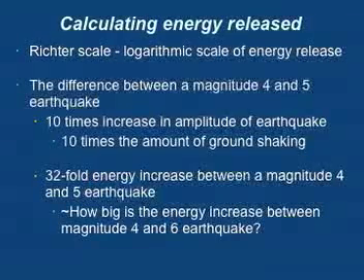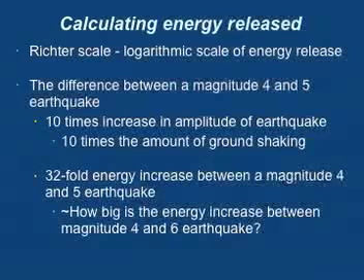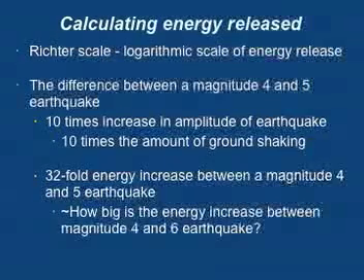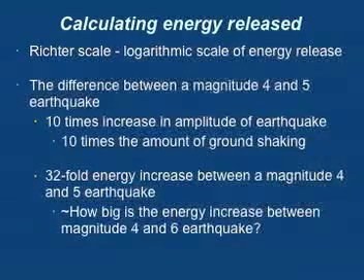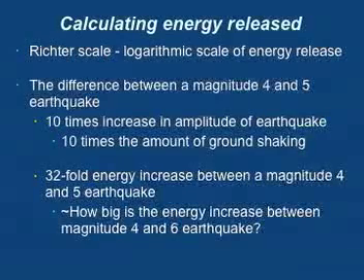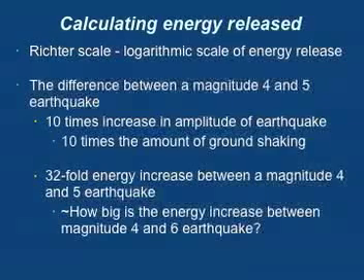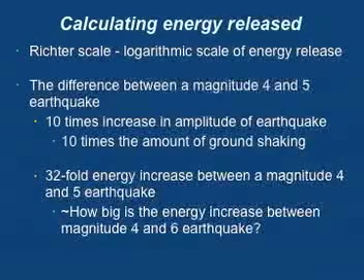Okay, it's not 32 plus 32, it's 32 times 32, or more than 1,000 times as much energy is released by a 6 than by a 4. And so this is when those big numbers, that magnitude 9, just represents a huge amount of energy. It's scary to think of it.